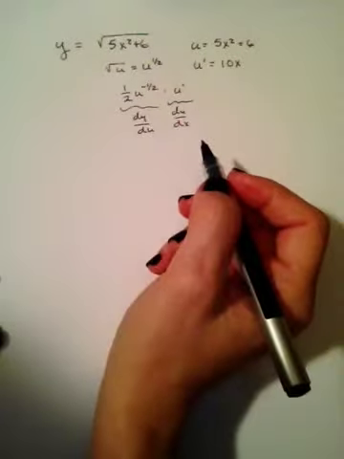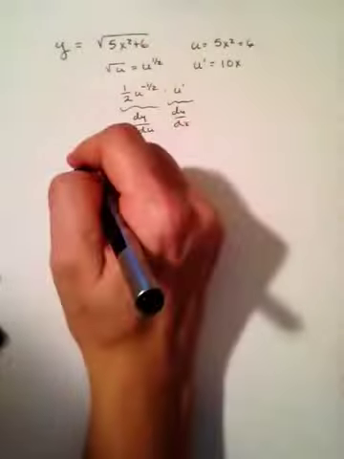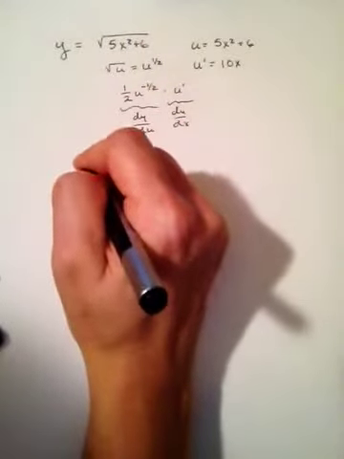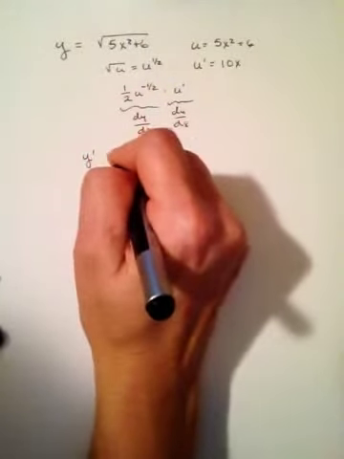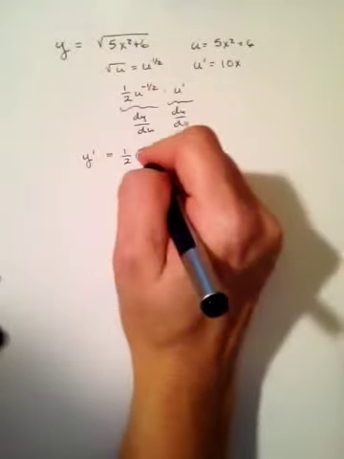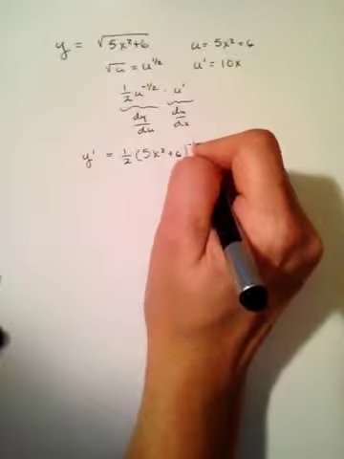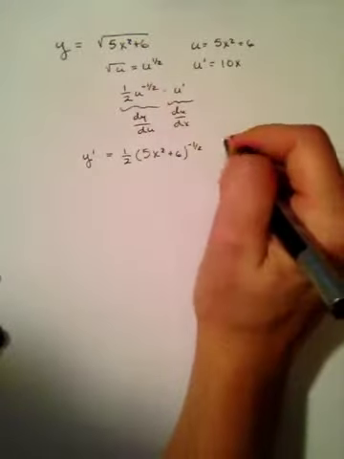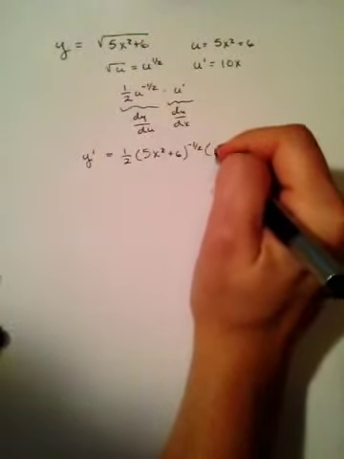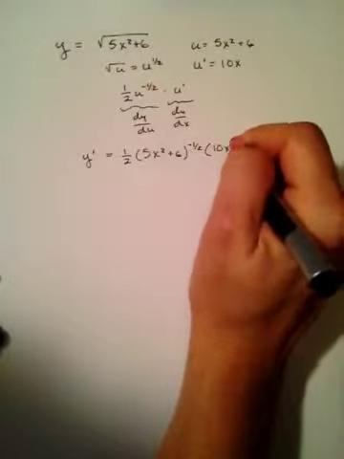I substitute back and I will have my y prime. So y prime, my dy dx, equals 1/2, put my u in, (5x squared plus 6) to the negative 1/2 times my u prime, which is 10x.